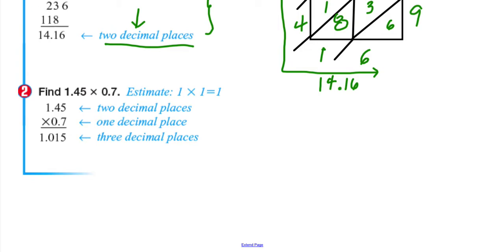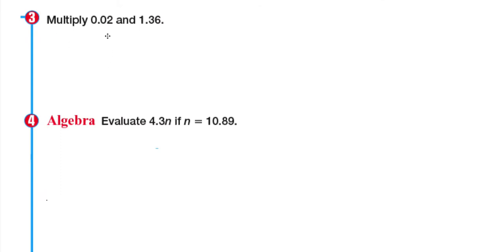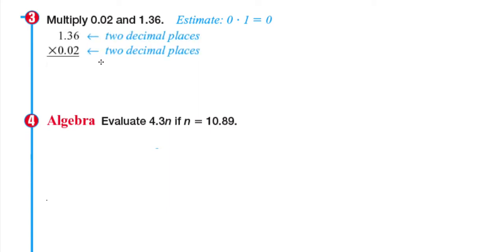Example number 3 asks to multiply 0.02 times 1.36. Start with estimation again. 0 times 0.1 is 0, so the answer should be close to 0. 1.36 has 2 decimal places, multiplied by 0.02, which has 2 decimal places. Again, our product should have 4 decimal places, because 2 plus 2 gives you 4.